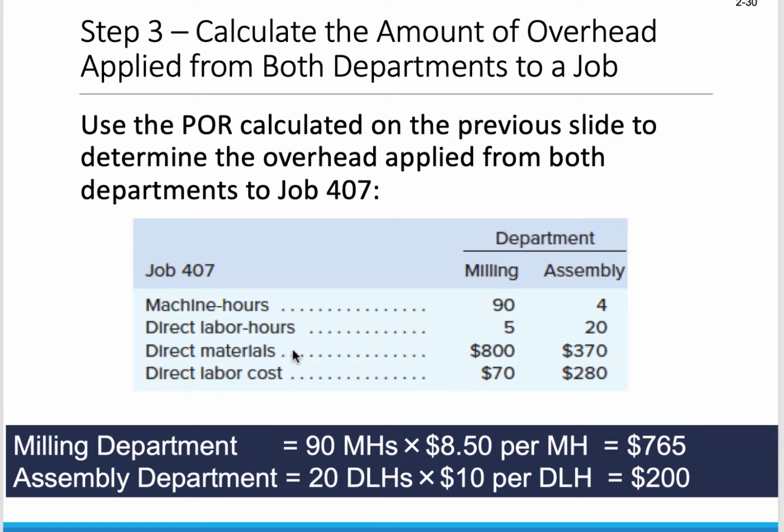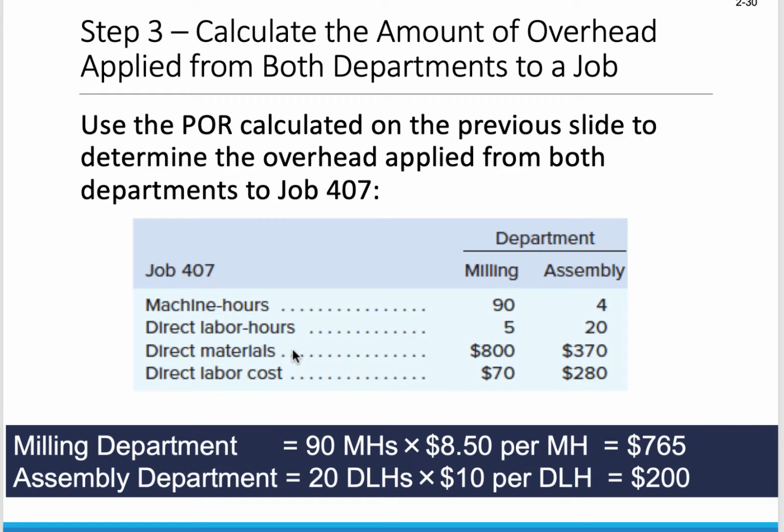Direct labor hours: in total, this job incurred 25 direct labor hours, but because each department requires different inputs, the milling department only utilizes 5 direct labor hours, whereas assembly utilizes 20.